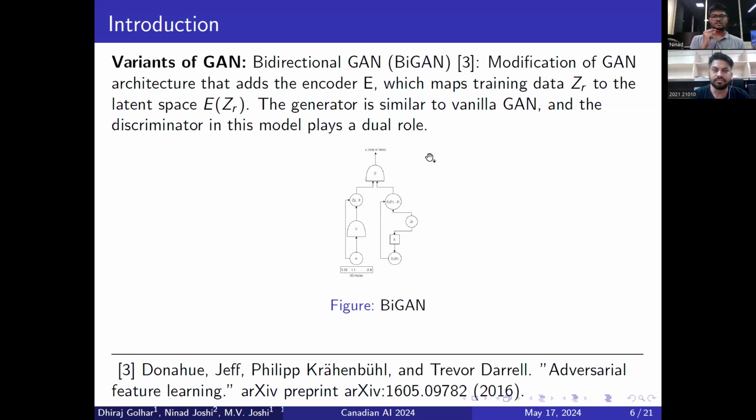Now let's go through the variants of GAN. First is bidirectional GAN. It is a slightly modified version of GAN that also includes an encoder E. So the main aim here is that the encoder E learns the latent code representation of the training data Z of R with the help of the GAN.